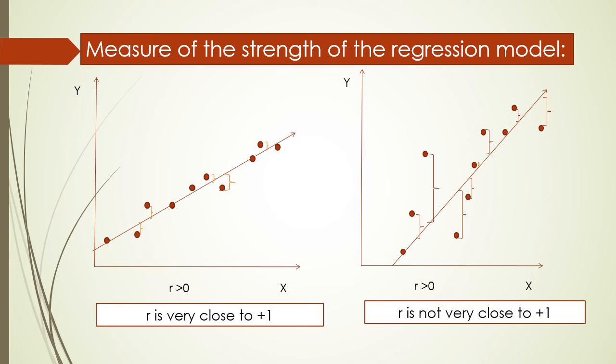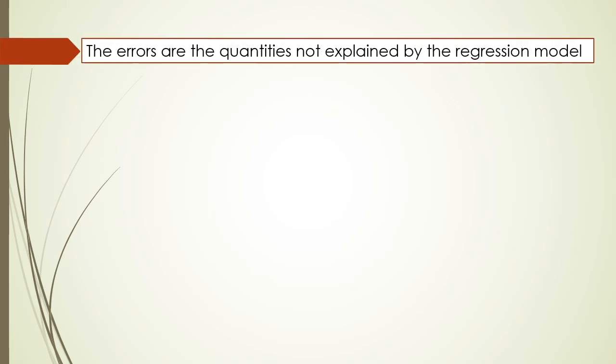In the second diagram, correlation is weak and it does not give better estimates. That is, somehow correlation is related to the estimating power of the regression model. The errors are the quantities not explained by the regression model.